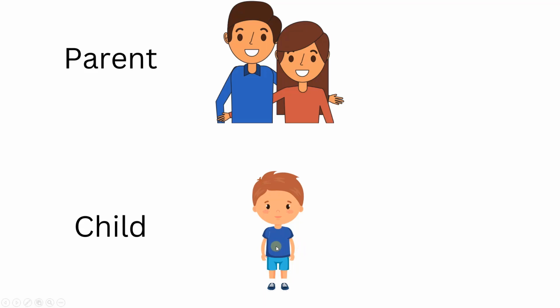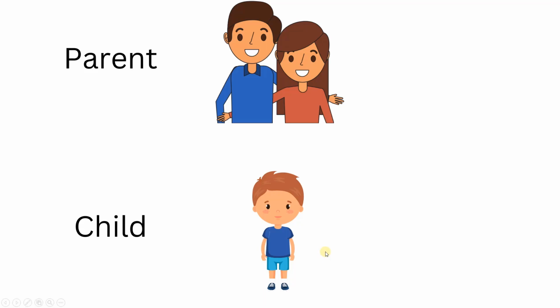Now, you might have heard people saying that you have your father's eyes, or your mother's nose, or some of your characteristics match those of your father or mother. Along with that, you have some unique characteristics.